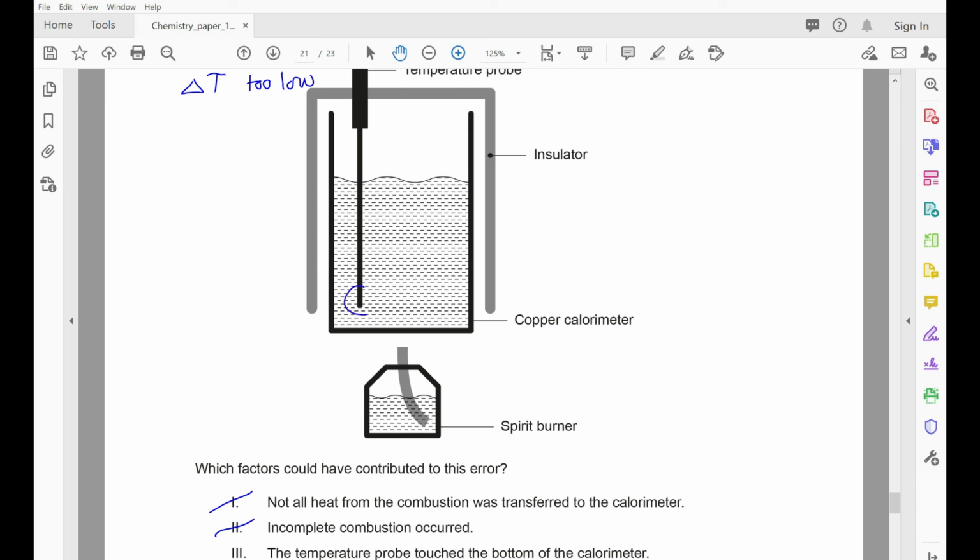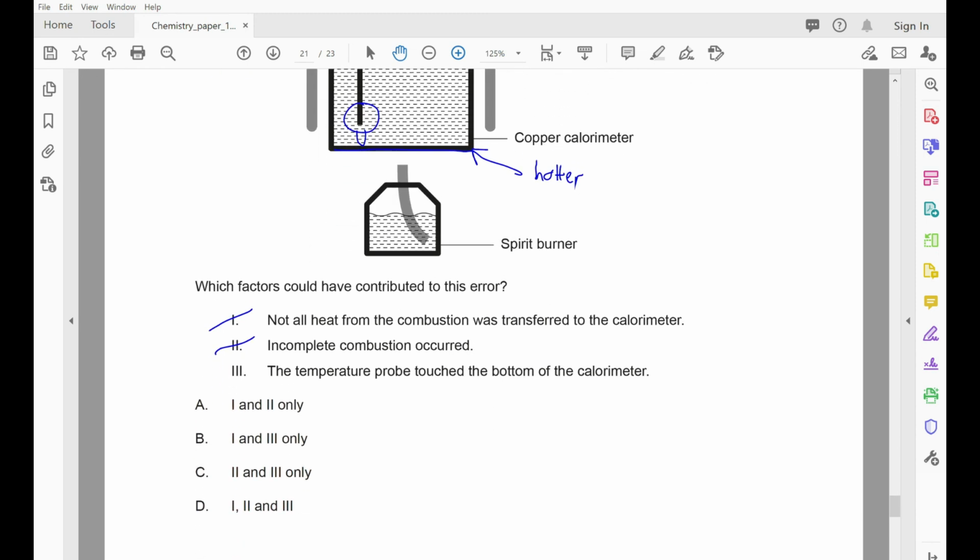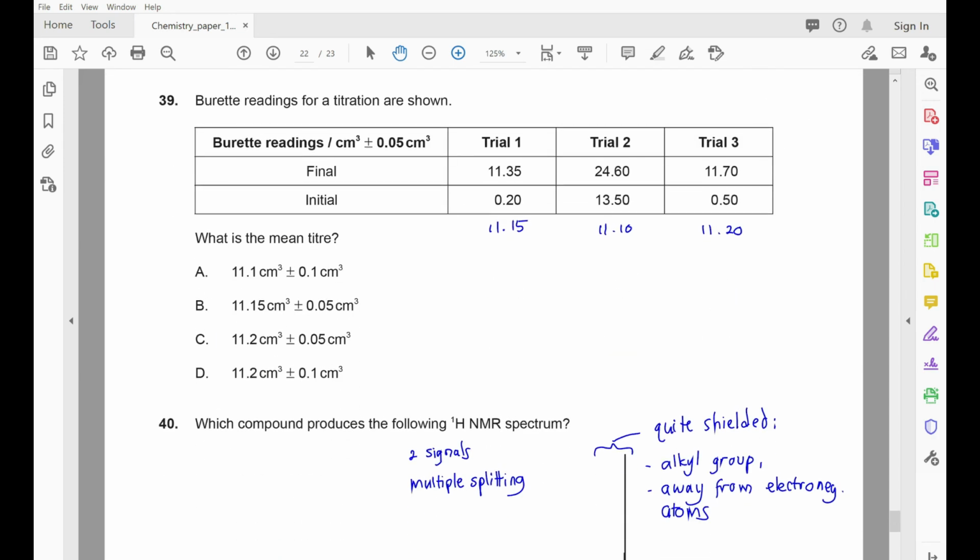Now, if this probe touches the bottom here, this bottom part is hotter than the water because it is closer to the burner. So instead of getting a temperature change that's too low, this should give a temperature change that is too high. So 3 is not the factor. Answer is A. Question 39.